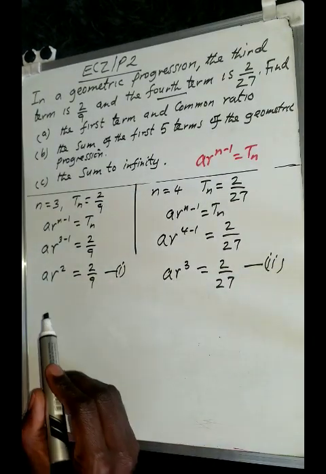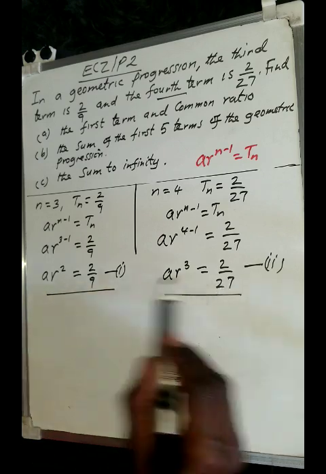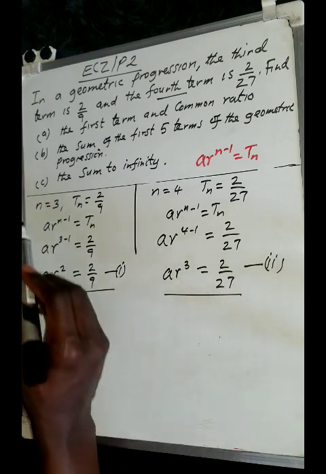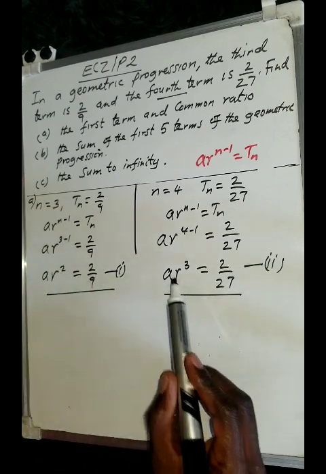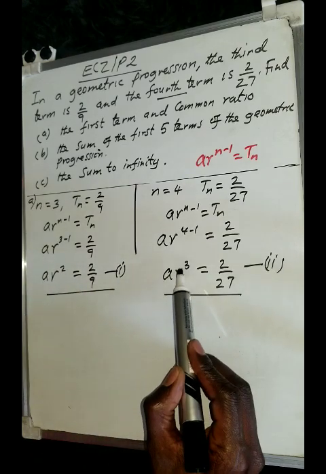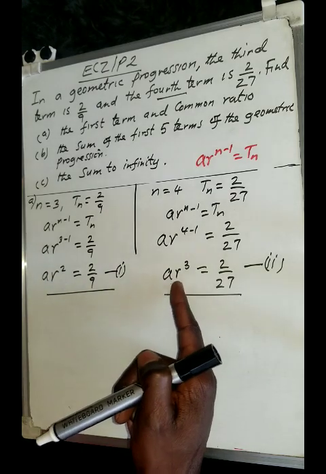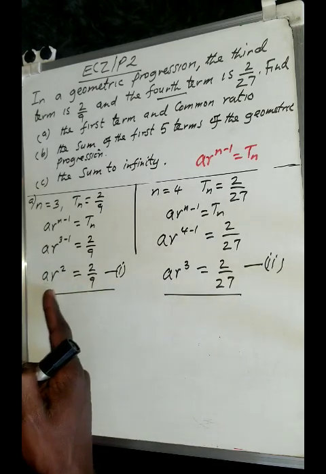Now, in most cases, when you have this, you need to solve them simultaneously. The way I'd love to advise you is that when you are solving such a mathematical problem, look at this one. It says ar raised to the power 3, then this is ar raised to the power 2. So this is a bigger one, you divide by the smaller one.